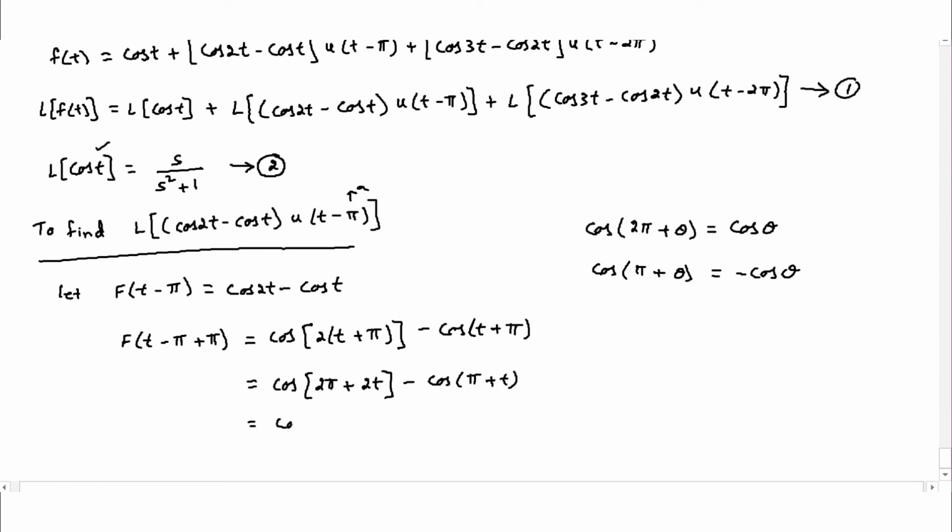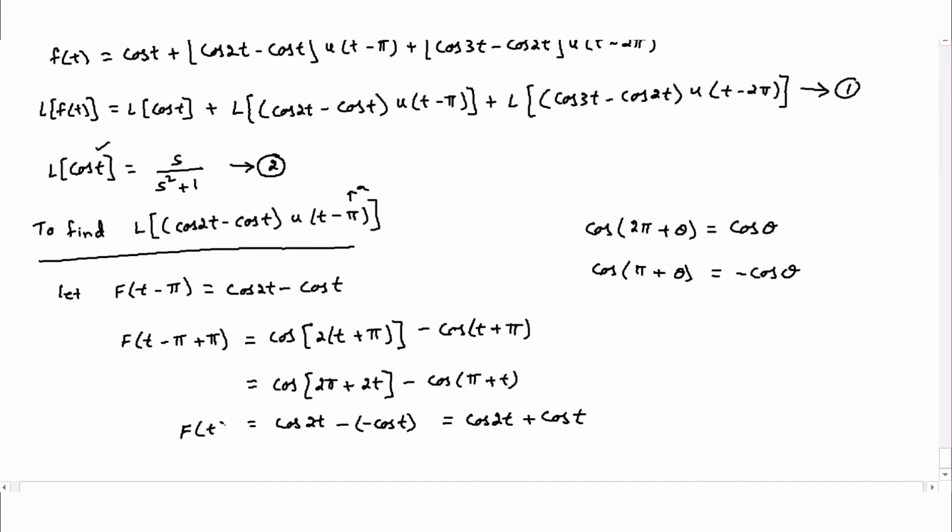This will be nothing but cos of 2t minus, because you are getting a minus sign over here, minus cos of t. Or further, if I rewrite, it is cos of 2t, minus of minus will become plus cos of t. So this will be nothing but your f of t value.